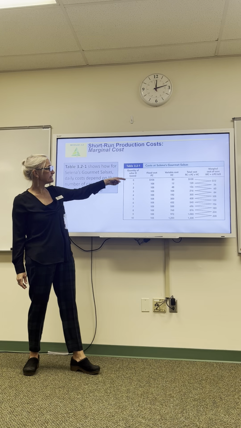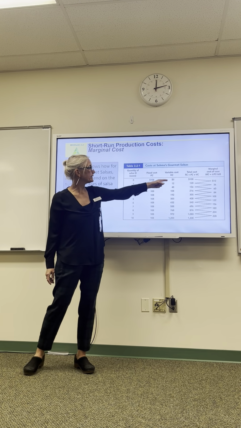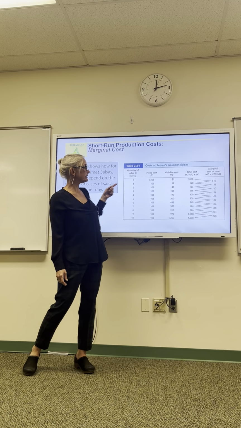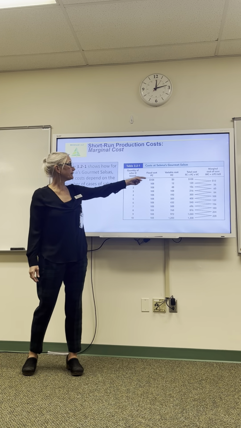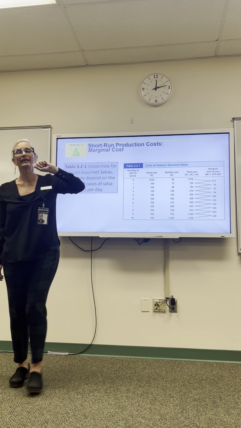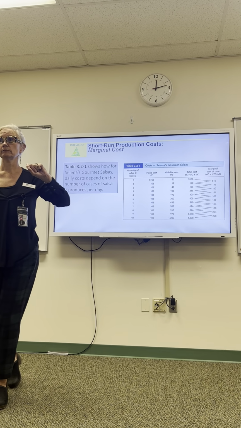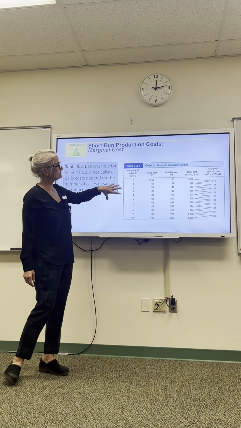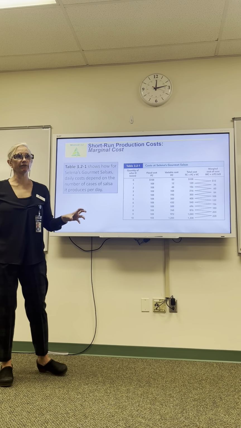Because at zero output, there will not be any variable costs. So at zero output, fixed cost and total costs are equivalent. They're equivalent. Is all of this making sense to you guys so far?